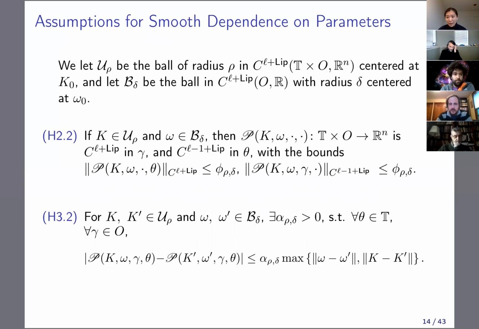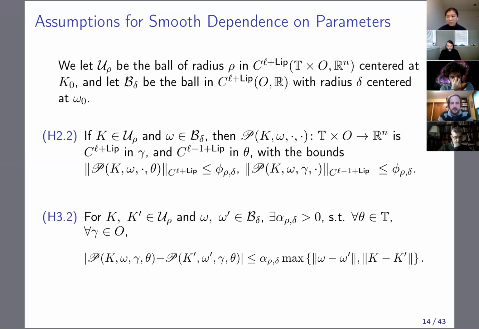We will need one more set of assumptions for the smooth dependence on parameters result. Hypotheses H2.2 and H3.2 are very similar to hypotheses H2.1 and H3.1. Now we just need to view the parameterization K as a function of the parameterization variable theta, as well as the parameter gamma. And we view the frequency omega, instead of being a constant, as a function of the parameter gamma.